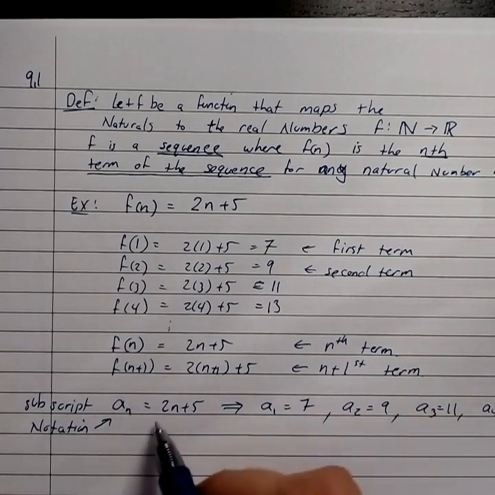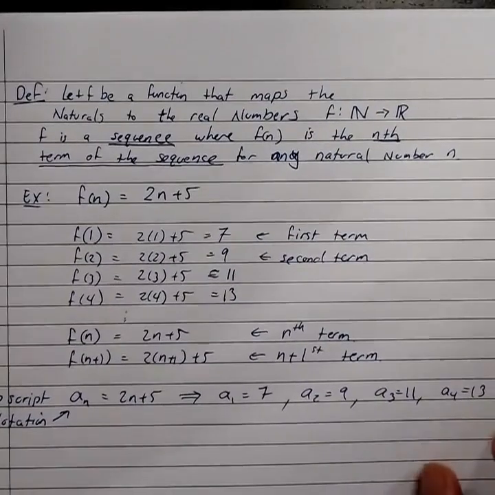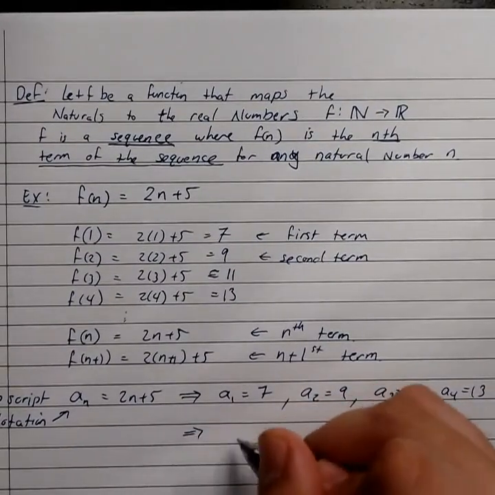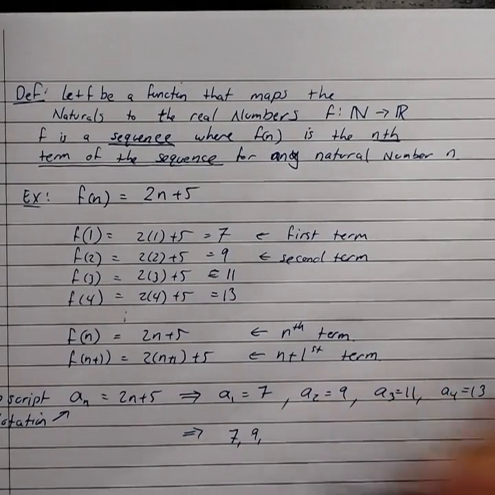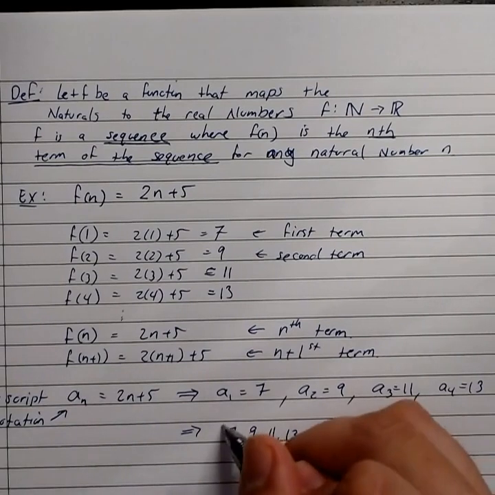So here a sub n could be written as 2n plus 5, or it can also be written as the list 7, 9, 11, 13, dot, dot, dot, because of course that does keep on going. The domain of this is all natural numbers, and so of course there is no end to the natural numbers. So there's a first one, a second, a third, a fourth, but there is no last.